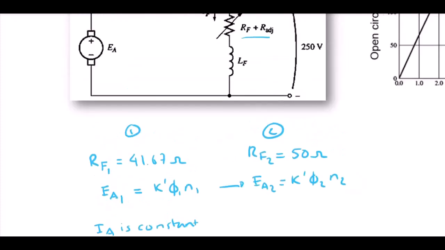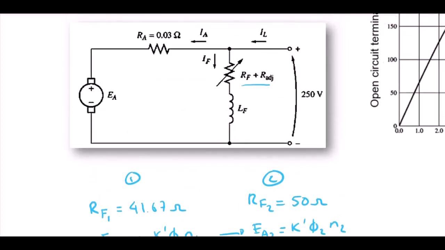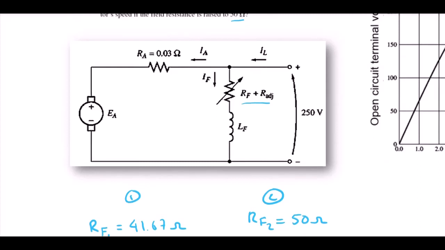Now if you look at the equivalent circuit, this is IA, which I have just circled in red.